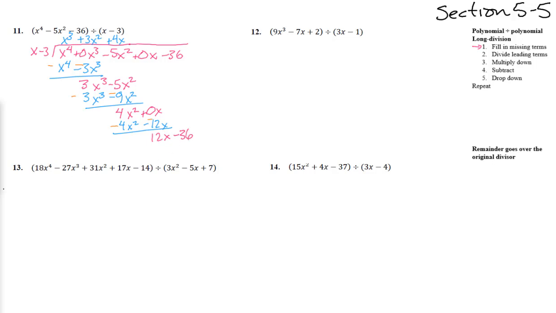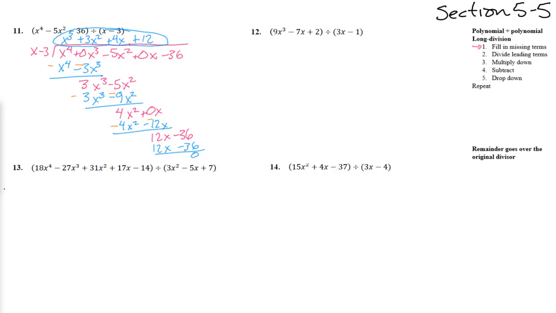Is this going to come out even? X goes into 12x 12 times, so that's plus 12. 12 times x minus 3 is 12x minus 36, and we get a 0. Excellent. No remainder, so we don't even have to worry about that.